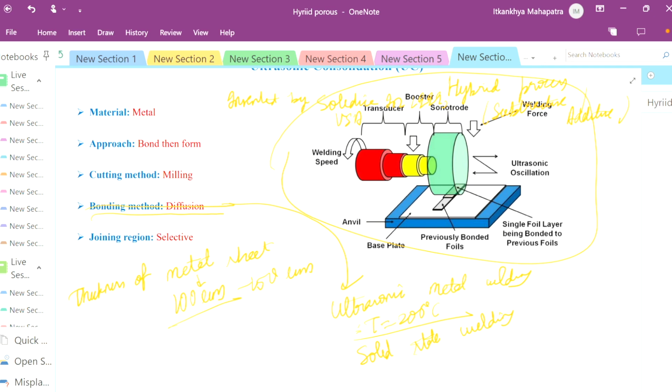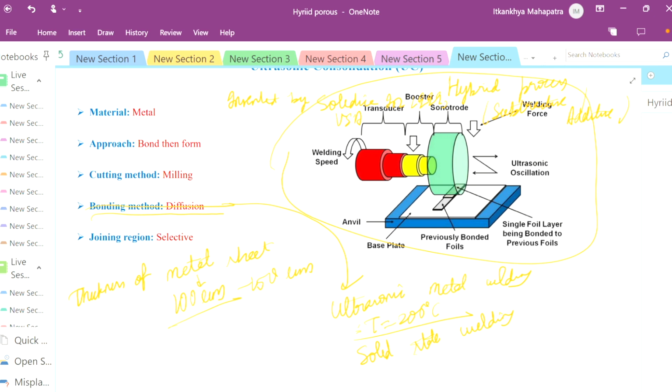The approach in this is bond first and then form, and joining is selective, and it depends on the final product. Here we have to remove the unwanted portion according to the building process.